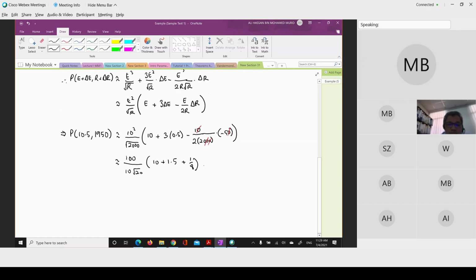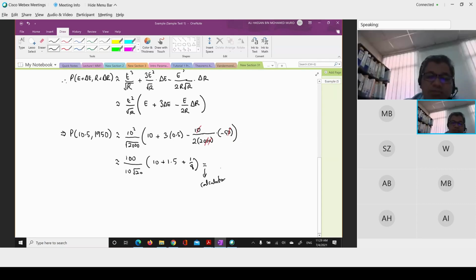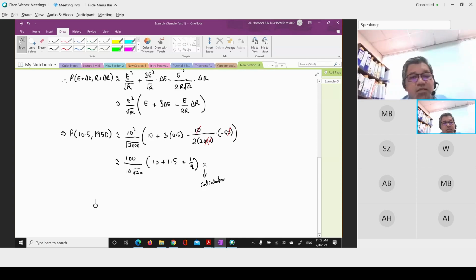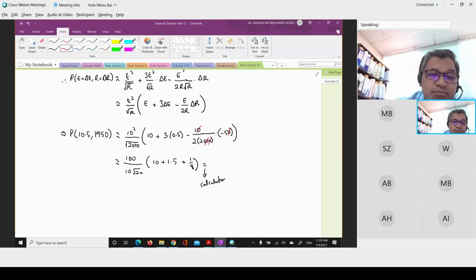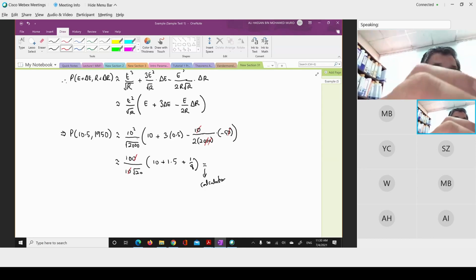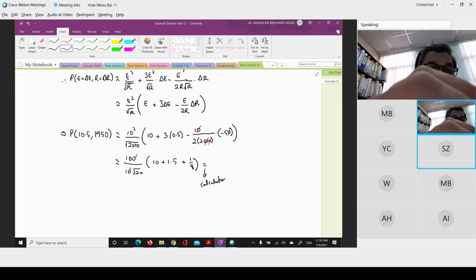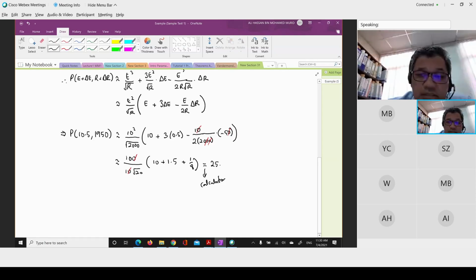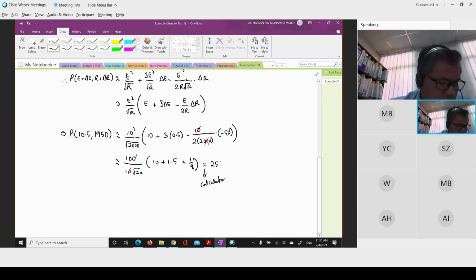If you use your calculator, can somebody tell me what this value is? 225.994. Yes, that's also what I got using my calculator.